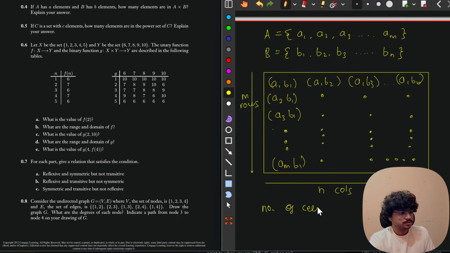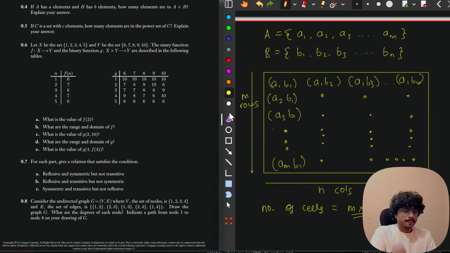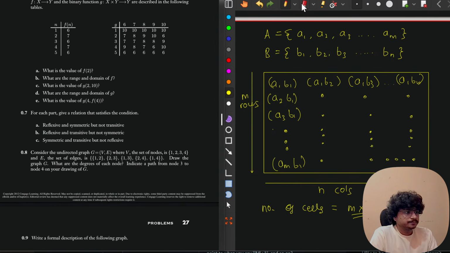The number of cells will simply be m times n, and that proves it. Easy.